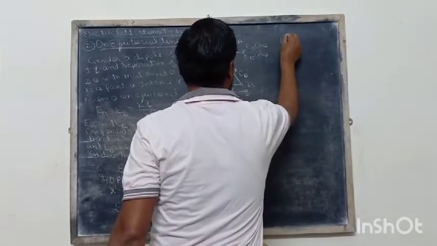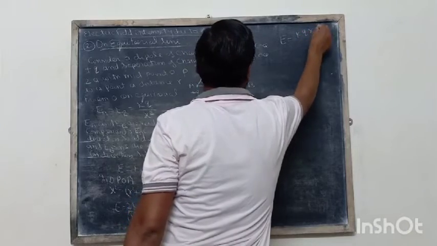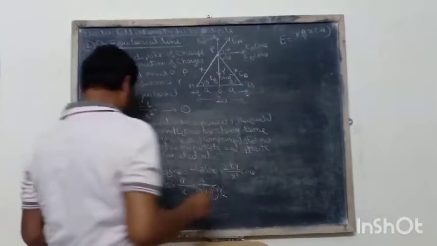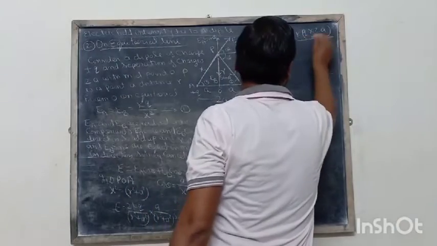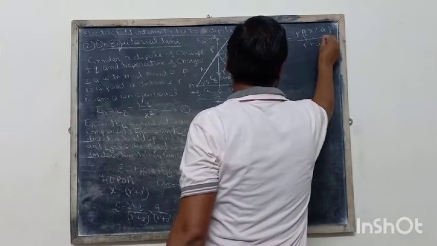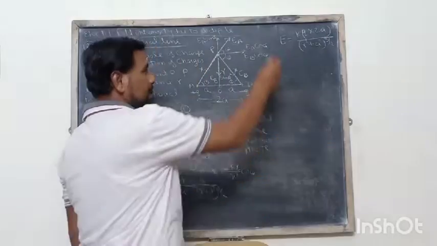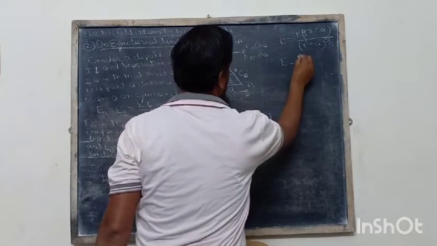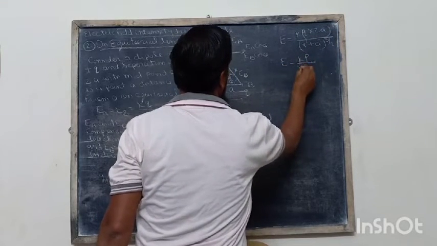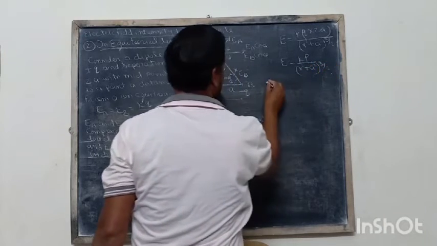So the net electric field E is equal to kq into 2a, this 2 is taken with a, upon r square plus a square power 3 by 2. q into 2a is the electric dipole moment, so E is equal to kp upon r square plus a square power 3 by 2.